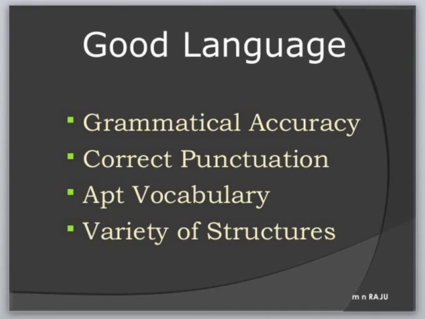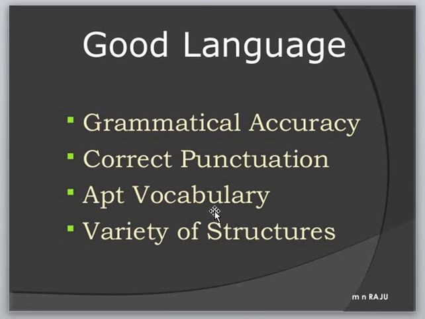Well, not only this, the next point is good language. This is an important point of paragraph writing. It must contain good language, because bad language can make the audience bored. To maintain the interest of the readers, you need to write with good language. It means there must be grammatical accuracy. You need to use correct punctuation, apt vocabulary, and a variety of structures.